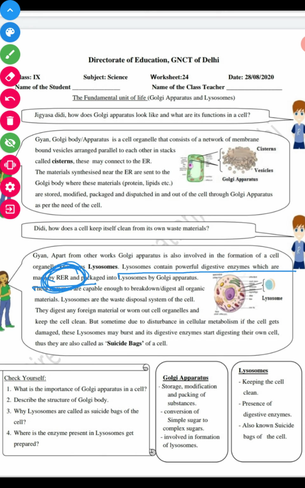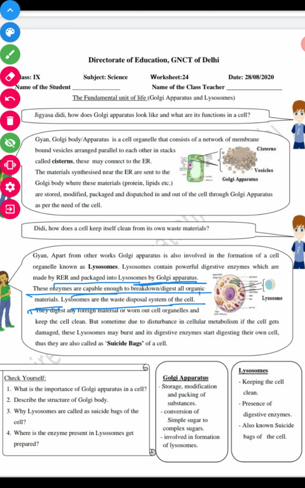This question arises, and one marker question: where in lysosome is the digestive enzyme formed? Answer is rough endoplasmic reticulum, and packed into lysosome by Golgi apparatus. These enzymes are capable enough to break down or digest the cell organelles, organic material.